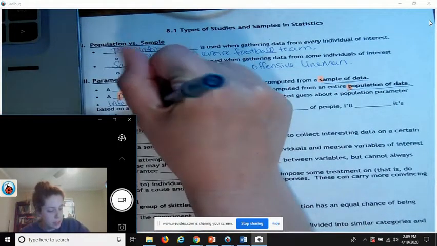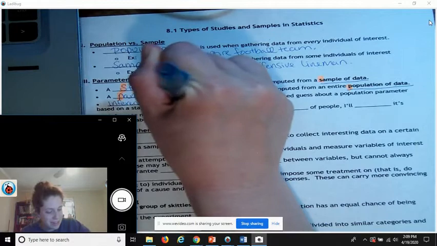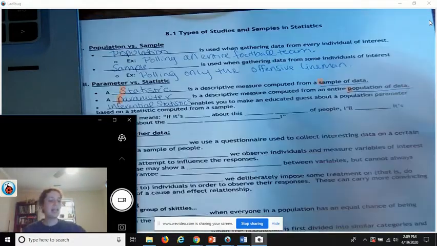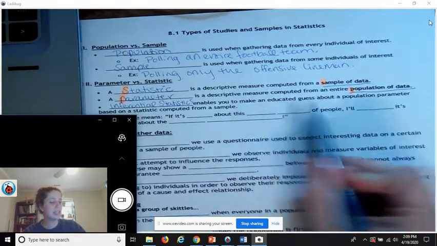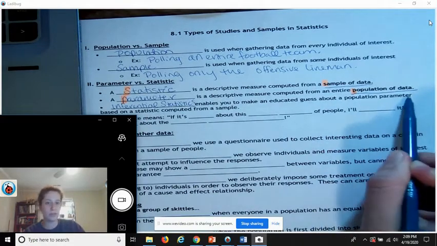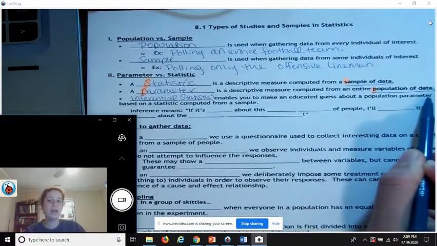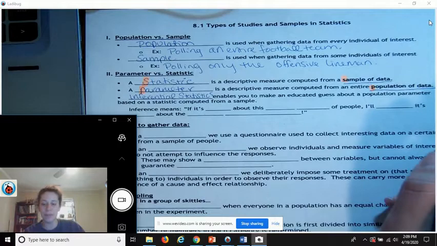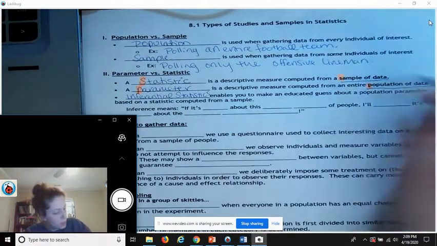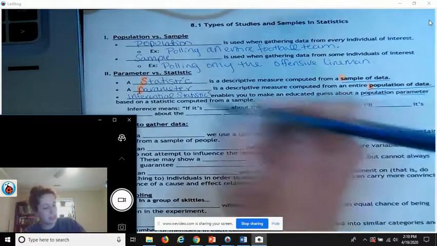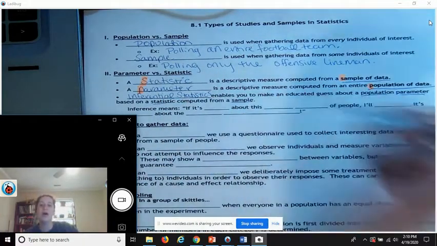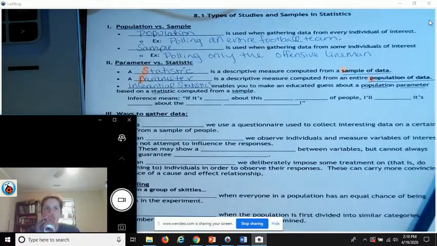Inferential statistics enable you to make an educated guess about a population parameter. So this is what I was just saying, based on a statistic computed from the sample. This is kind of like voting in the United States.